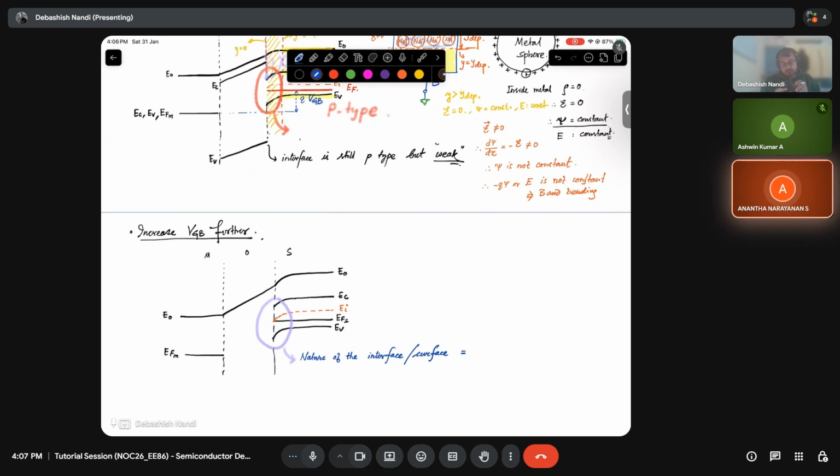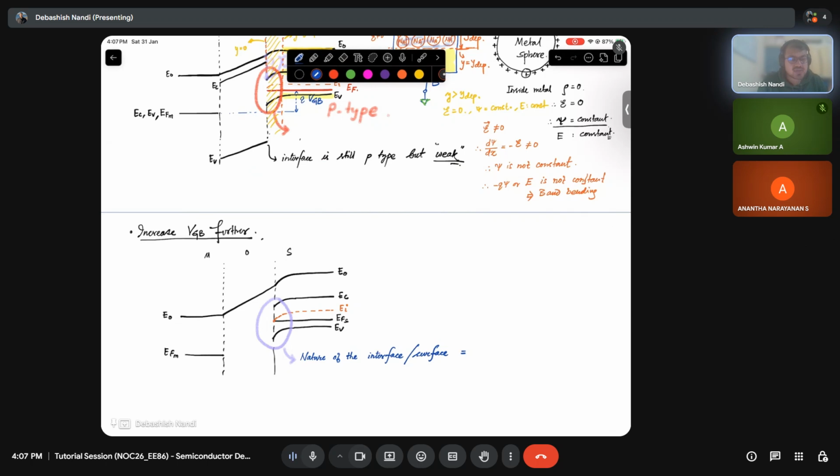It's very, very weak P type, not N type. Your EI is touching the Fermi level. What does that mean? What is EI called, by the way?